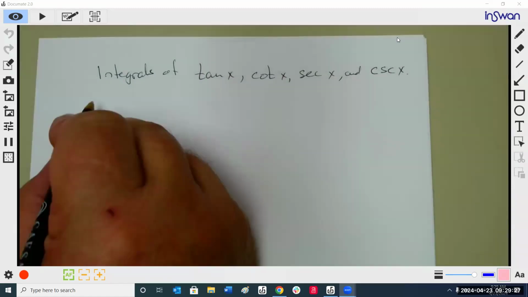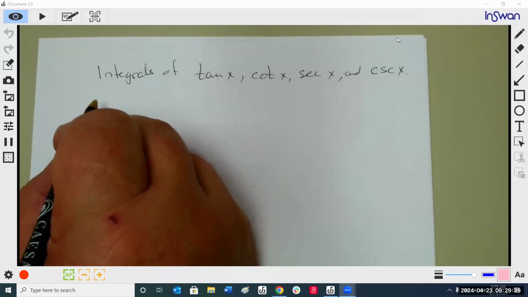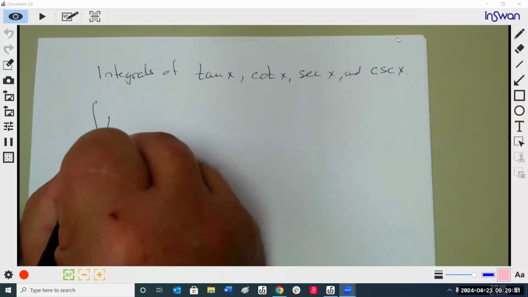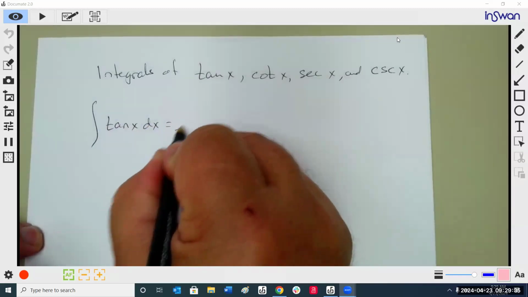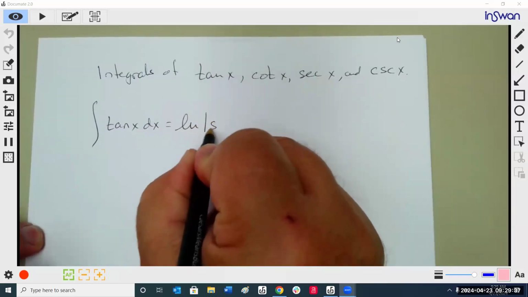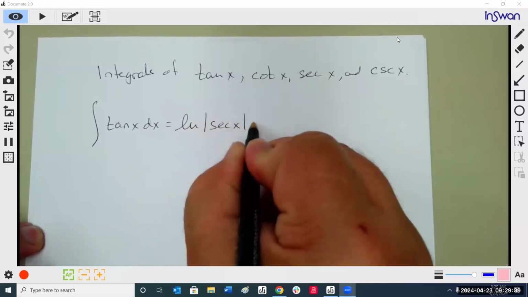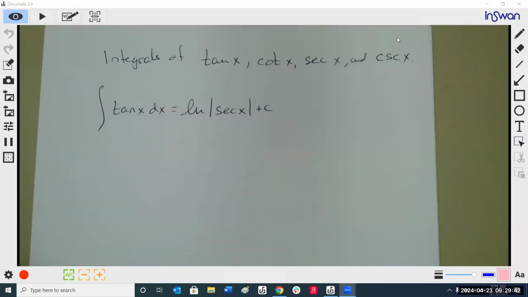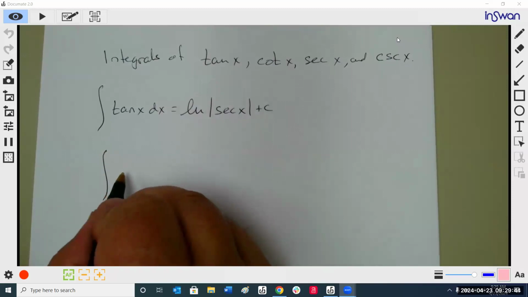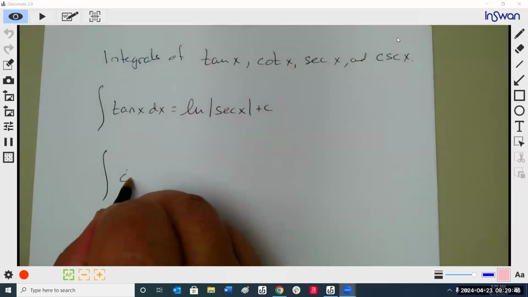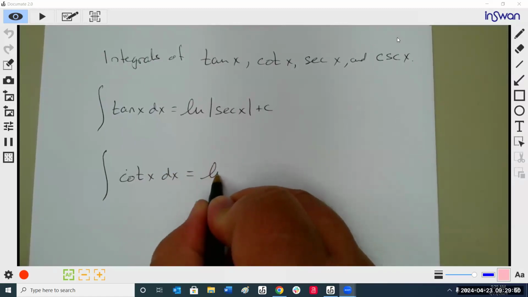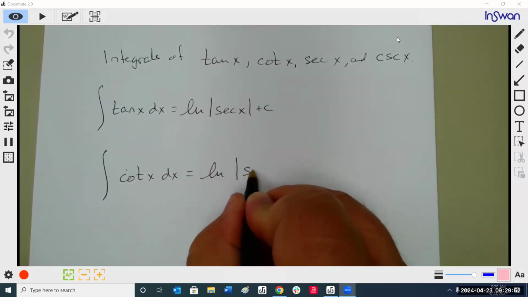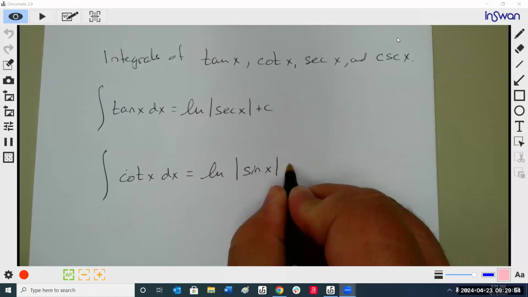Integrals of those. So the integral of tangent x dx is equal to the ln of secant x. The integral of cotangent dx is the ln of the sine function.